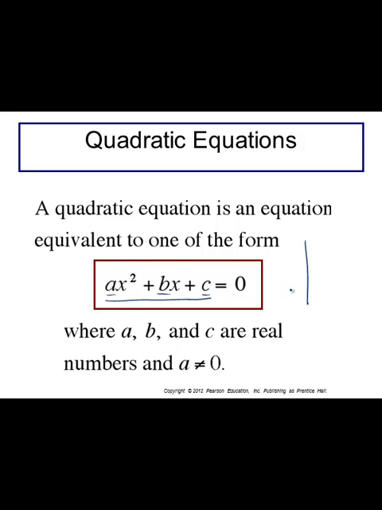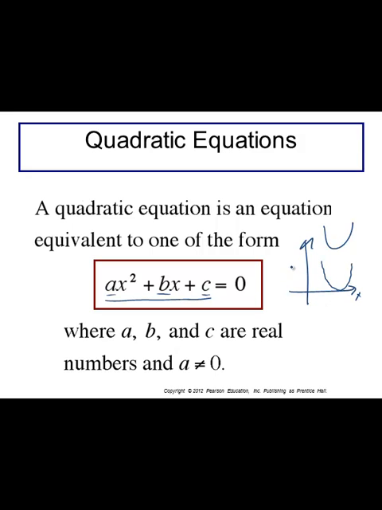Now, remember, the graph of a second degree polynomial is a parabola. So we could have our parabola where the minimum is greater than 0, in which case we would have no solution. Or we could have our parabola come down and just touch the x-axis just once, and that would correspond to there being 1 solution.